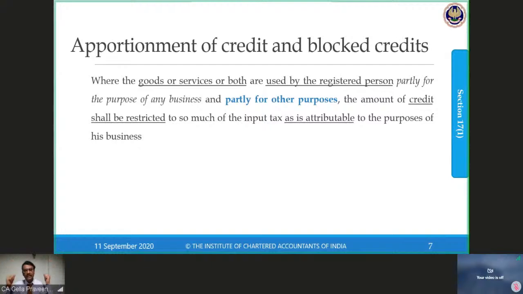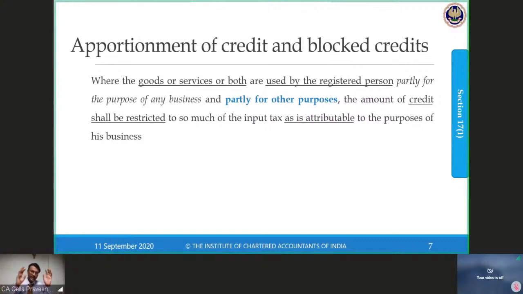Now, what is included in other purpose? Not defined. For business, there is an exhaustive list. So if I use it in business, section 16 takes care of you. Other than business, partly for other purpose, I have used it for my personal use, I have used it for giving as a gift, I have not put it to business use, I have just left it as it is.